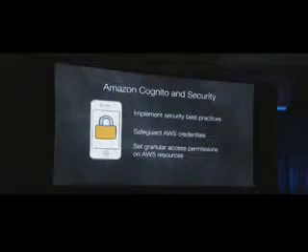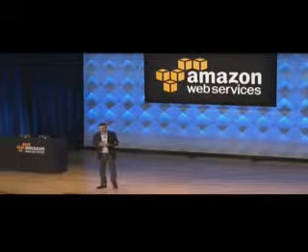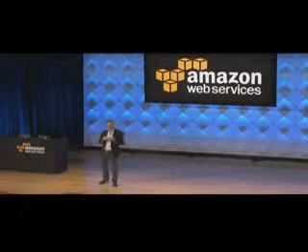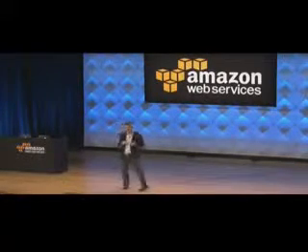So they can keep your credentials off their mobile device and automatically manage sets of temporary, unique credentials associated to every identity so that they can set granular permissions on all the AWS resources that can be accessed from a mobile device. So that's Amazon Cognito, our identity and data synchronization service.